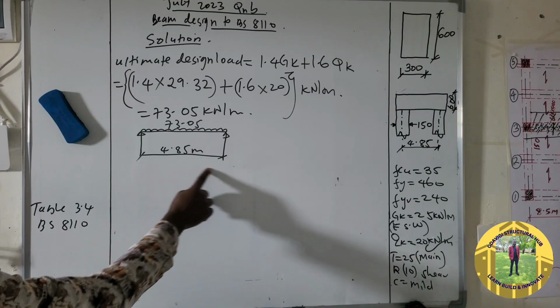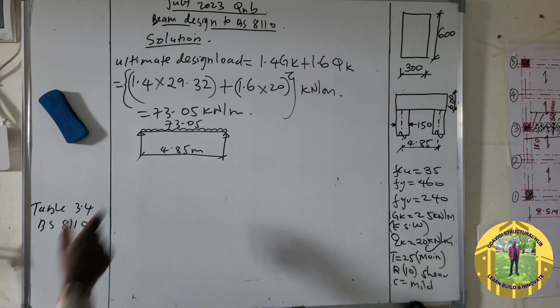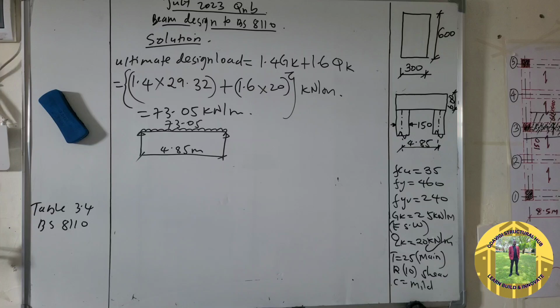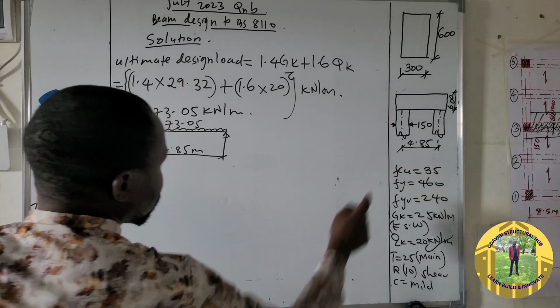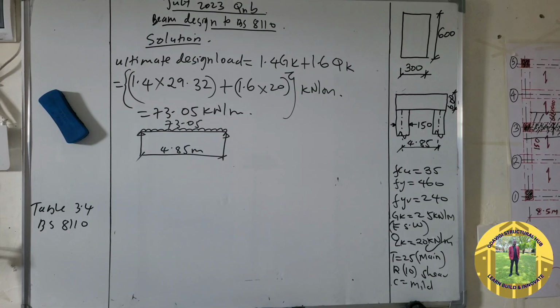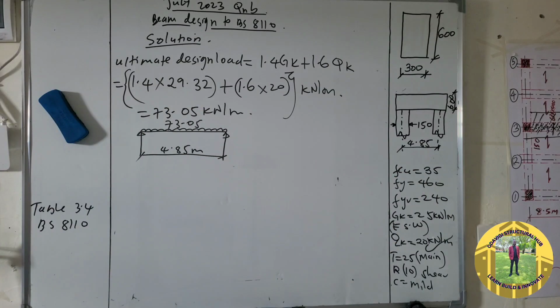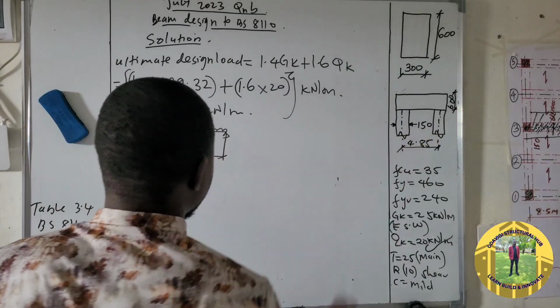For a beam, we will not calculate the effective span as the lesser of the two. You just take the effective span the way you have been given in the question, like here, 4.85 meters. The effective span is the distance between the centers of the two columns. So this is a column, and this is a column.